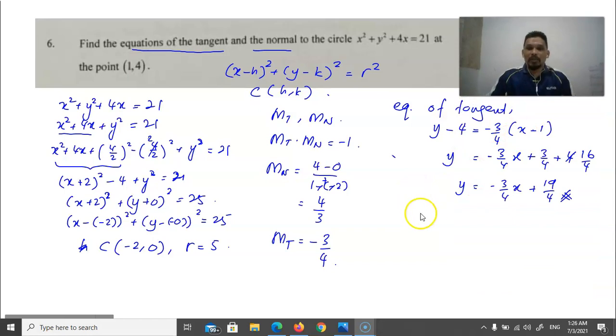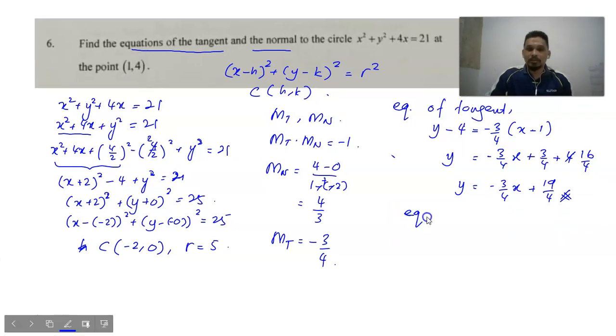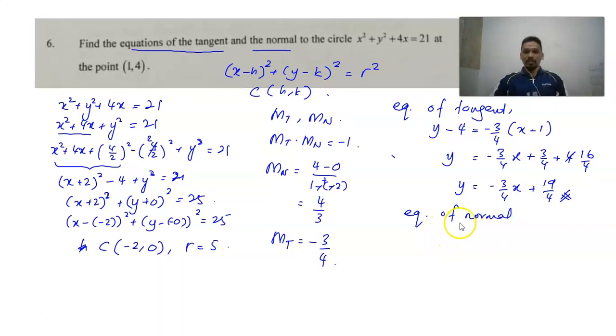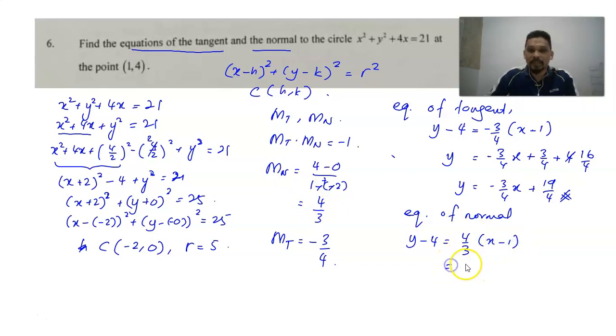Okay, what about the equation of normal? Of course we use the gradient of normal and the coordinate (1, 4) or (-2, 0), it is all up to you. Then the equation of normal: y minus 4 equals the gradient of normal, which is 4 over 3, times x minus 1. Okay, 4 over 3 x minus 4 over 3.